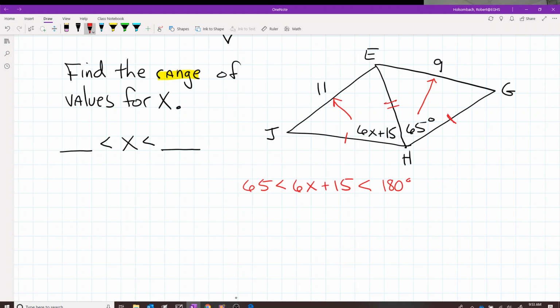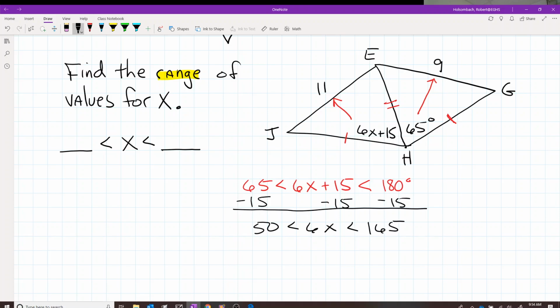So in this case, when you're setting the upper limit on the angle measure of a triangle, it's got to be 180. Okay? Now when you solve these compound inequalities, whatever you do to the middle, you do to the right side and the left side. So if you subtract 15 from the middle, then 50 is less than 6x, which is less than 165.